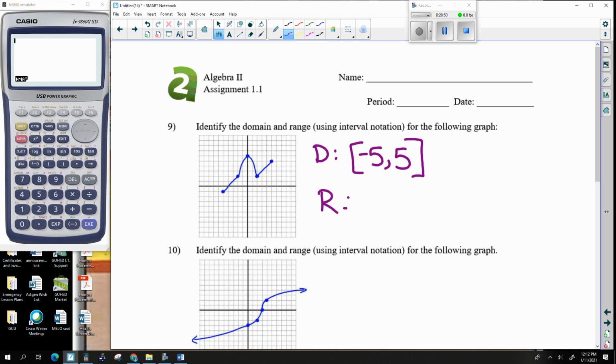The range: this is the bottom, and this is the top. There are no arrowheads, so that's what they are. So the range is from negative 1 to positive 6, with closed dots on both of those.